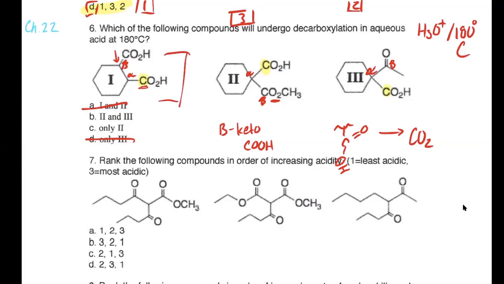Anyway. So let's not worry about that. So basically, you have 2 and 3. These are both going to undergo decarboxylations. Okay. So for that reason, I'm going to go with B instead of C because 3 is included. Okay.